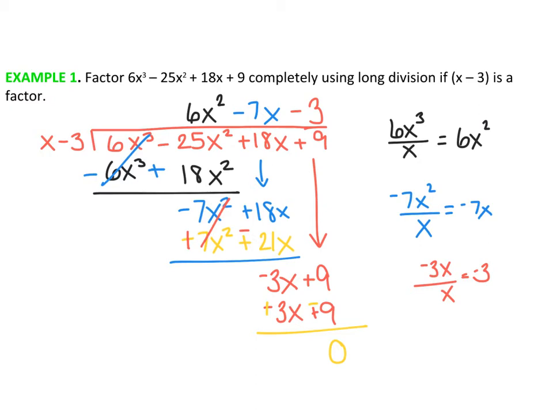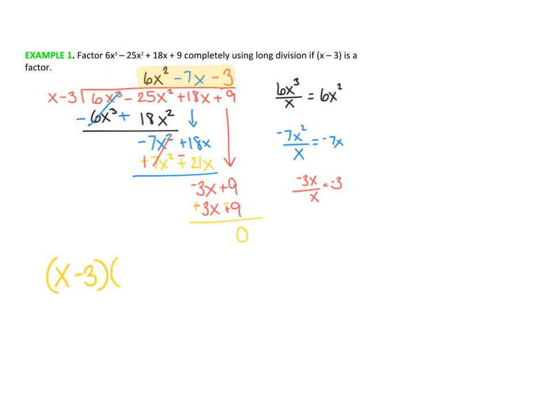Now I need to factor this remaining polynomial because I need to factor completely. So far I know that the original polynomial is equal to x minus 3 times 6x squared minus 7x minus 3. And this polynomial potentially factors further.